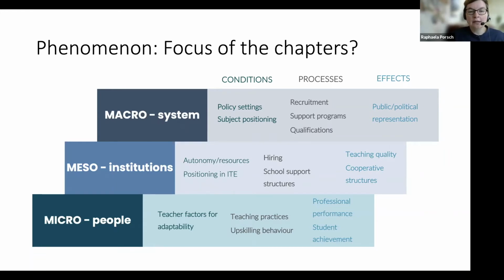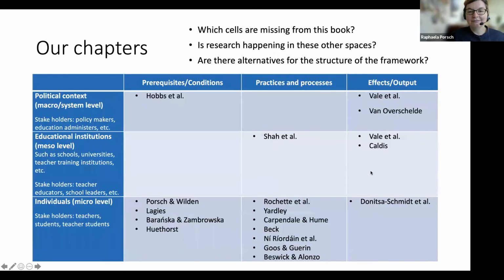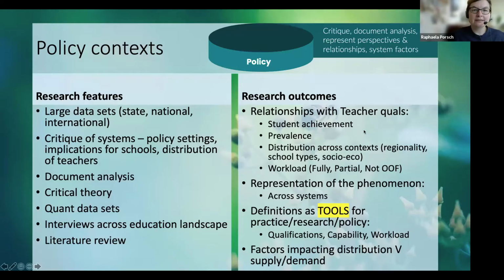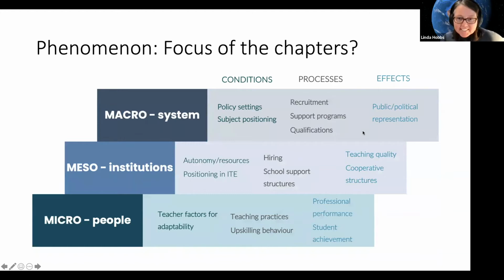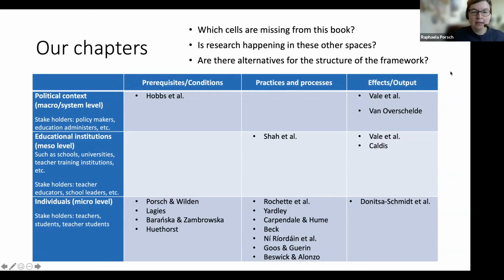Yeah, and if you try to put, for example, our chapters into these nine cells, there are some difficulties because some studies not only address one focus, one part, one cell, so to speak.